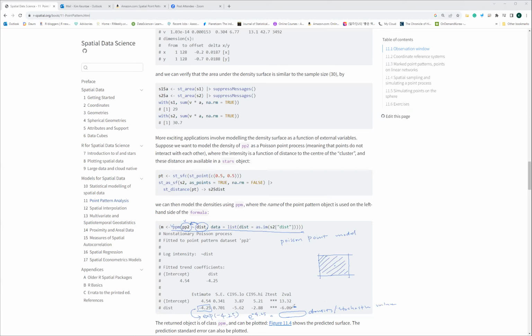What's the probability of points being generated in that location, and how can those distance measurements explain those patterns or that probability? Here, the z value is minus 6.06, which is highly significant. That means when you look at the actual point pattern and the distance raster images, they are pretty similar.